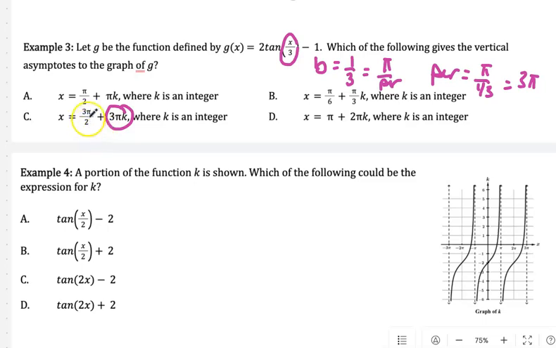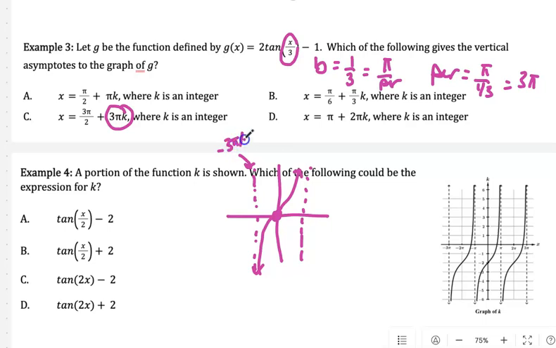On the standard tangent function, my main period goes from negative pi over 2 to pi over 2, crossing the origin and always increasing. So that's important to note, because when I stretch my period, I basically have the same shape. I have no phase shift, so I'm still intersecting the origin, but now I know that this asymptote is at negative 3 pi over 2, and this asymptote is at 3 pi over 2.